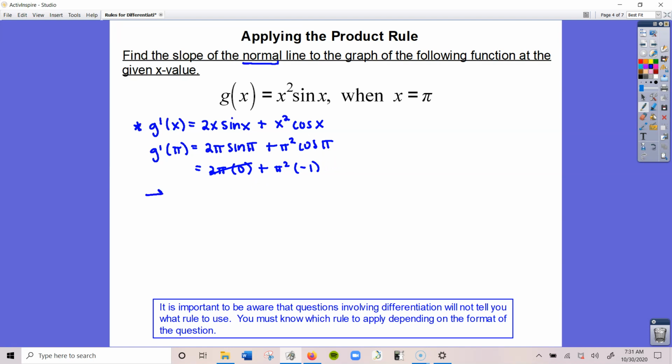So we get that g prime of pi is equal to -pi squared. This means that the slope of the normal line would equal a positive 1 over pi squared.